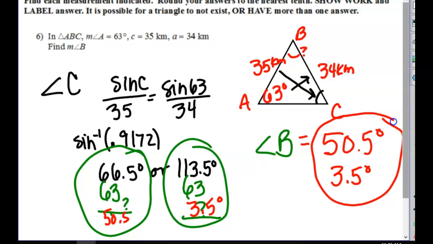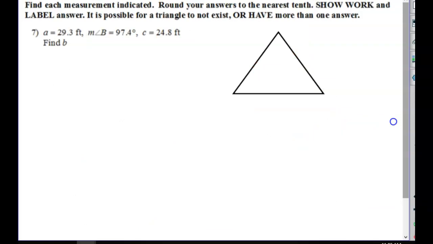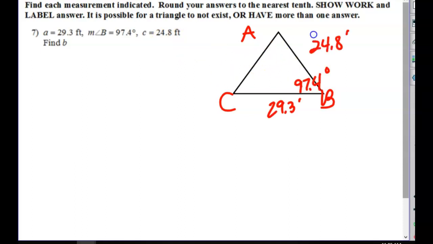That's the issue. So, all right, number 7. ABC. Side A is 29.3 feet. Angle B is 97.4 degrees. Side C is 24.8 feet.